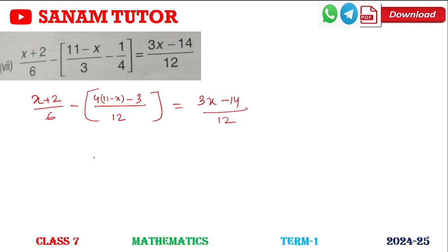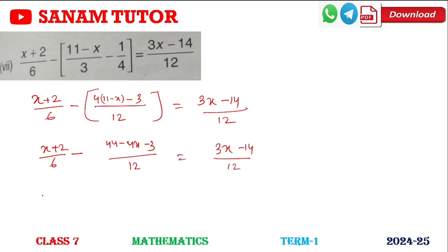Again, x plus 2 divided by 6 minus 11 4 ja 44 minus 4x minus 3 divided by 12 equal to 3x minus 14 divided by 12.